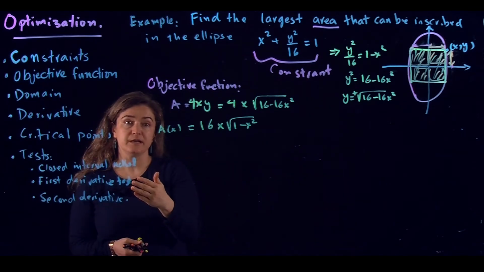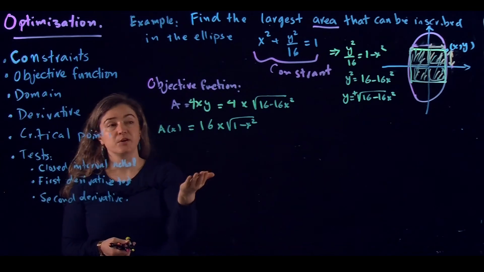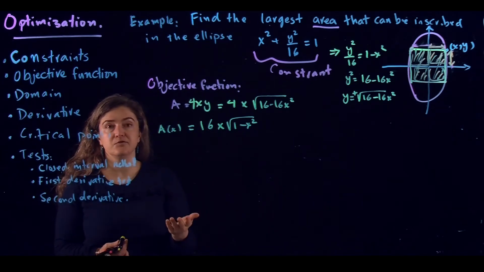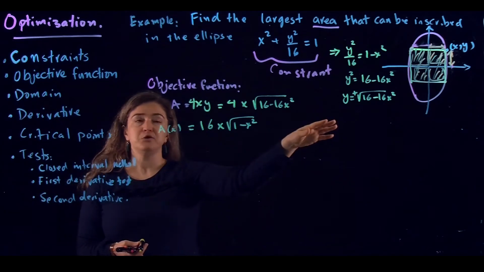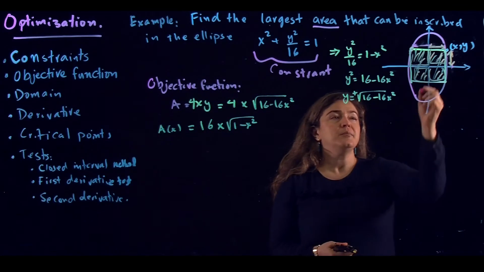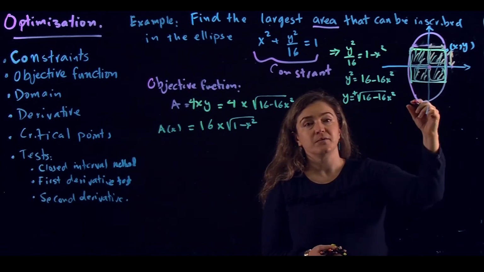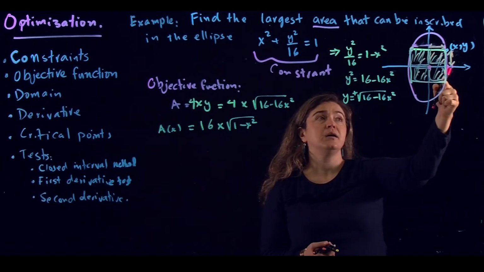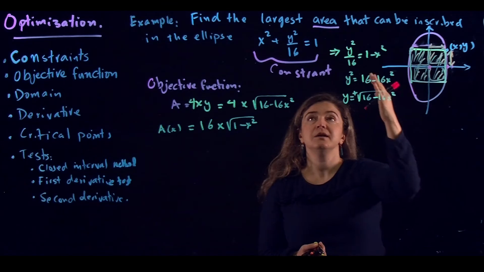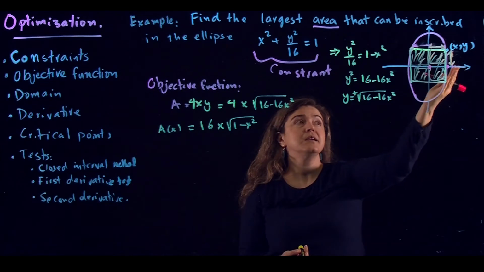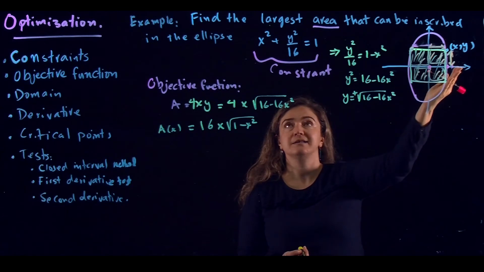Before moving on to the derivative, I want to mention something about the objective function that makes it undesirable to take the derivative of it directly, and that is the domain. Let's see what the domain is. To find the domain, I'm assuming x can start from 0 and it can end at that point. Where is that point? That point is where the ellipse intersects the x-axis on the positive side of the x-axis.